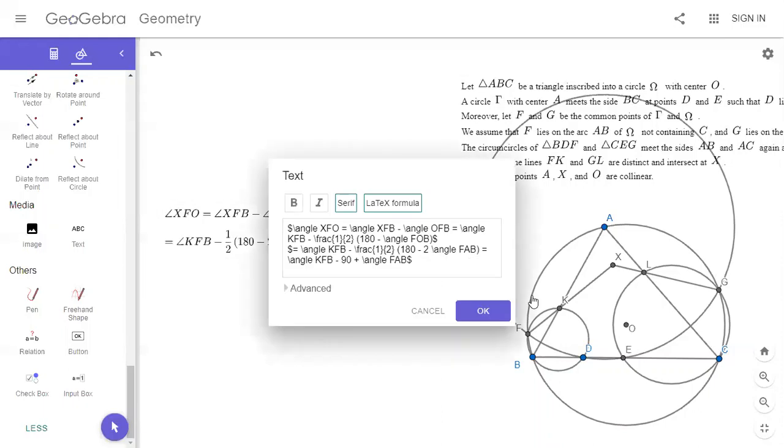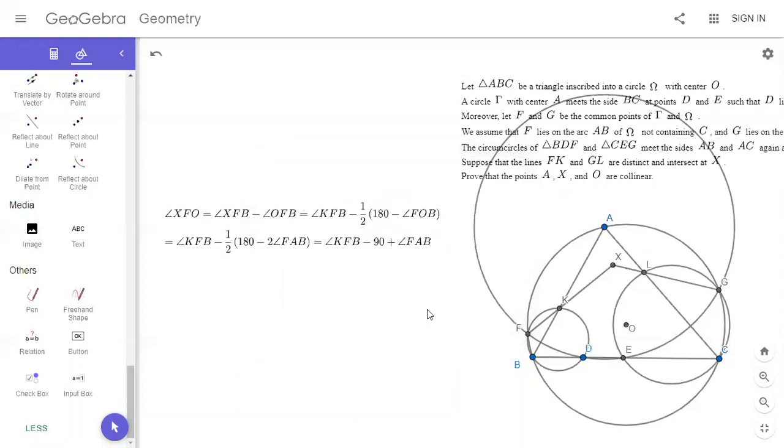Okay, so I think you should join AD and AE, then FD and EG, because angle FDK and angle LEG will be equal. FDK and LEG.